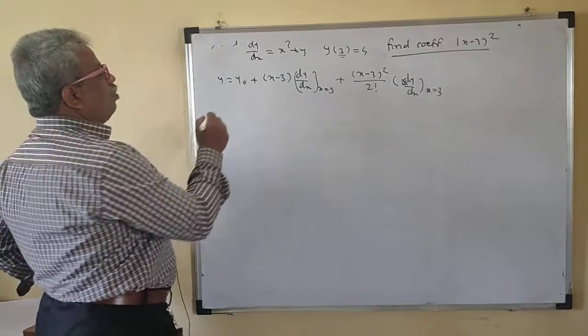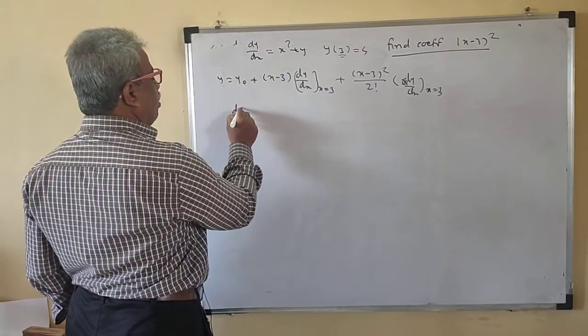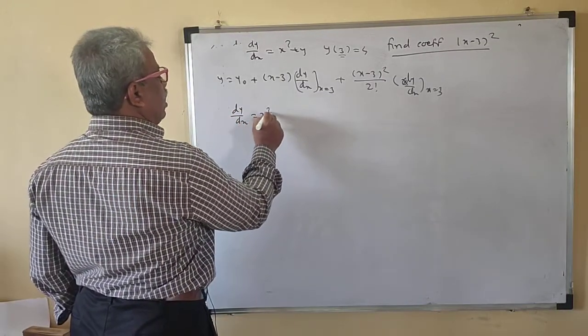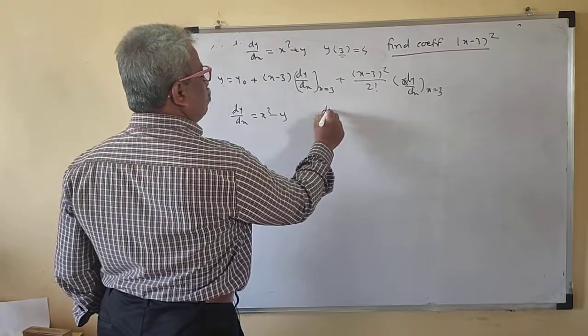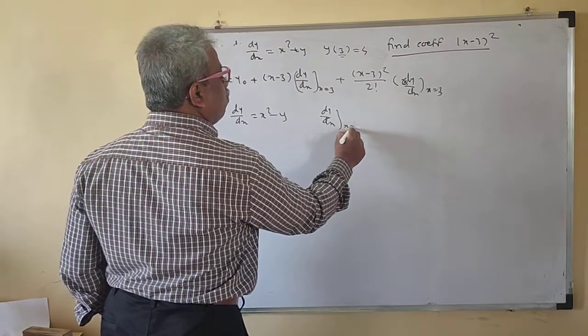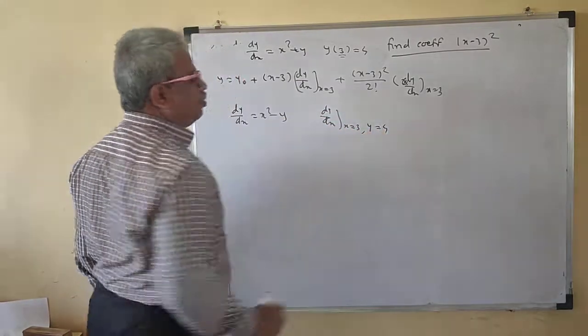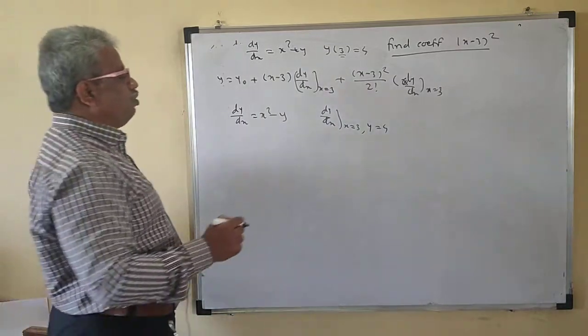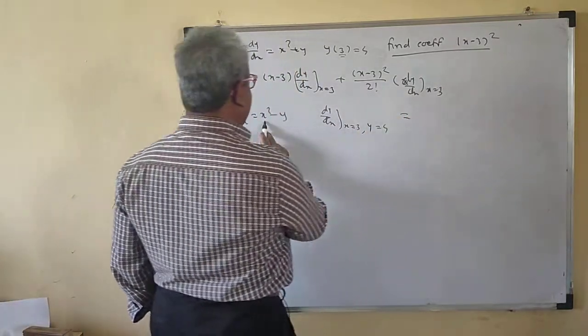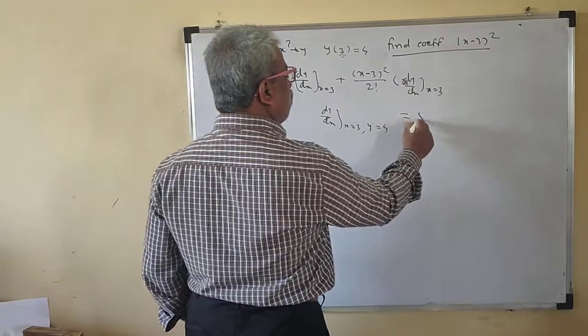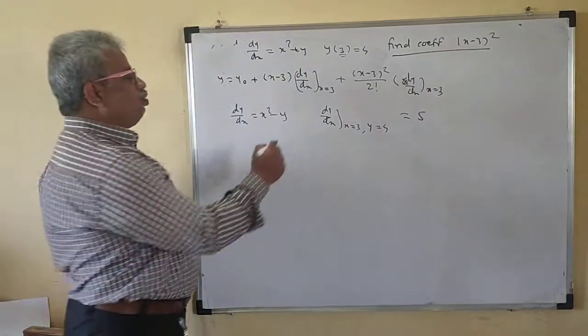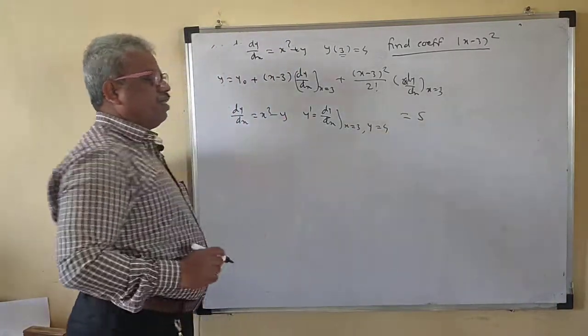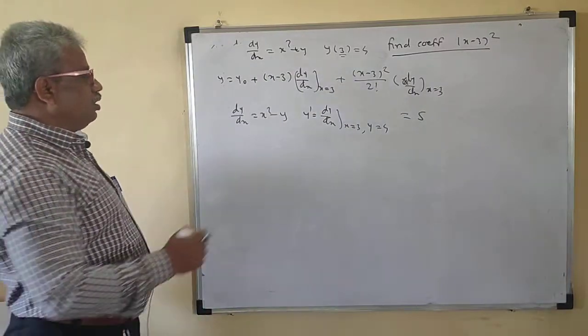Now dy by dx is x square plus y. So dy by dx at x is equal to 3, y is equal to 4: 9 minus... 9 plus 4 is 13? We put x is equal to 3, y is equal to 4, giving 9 minus 4, which is 5. So this is your y prime at x is equal to 3.